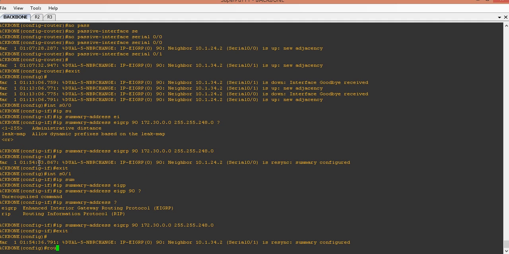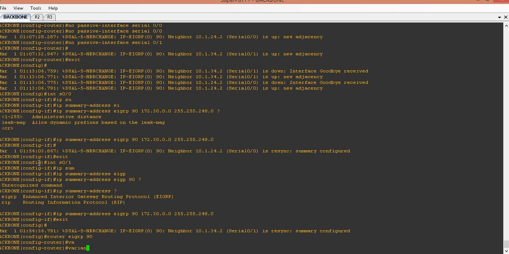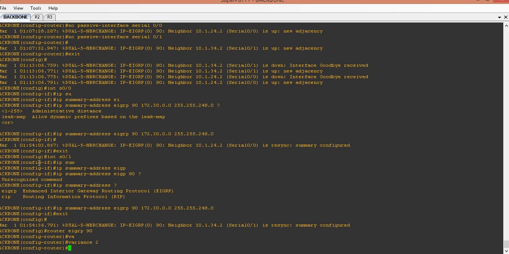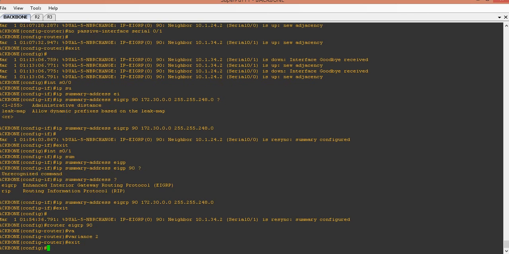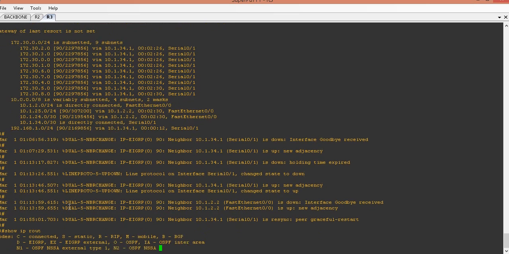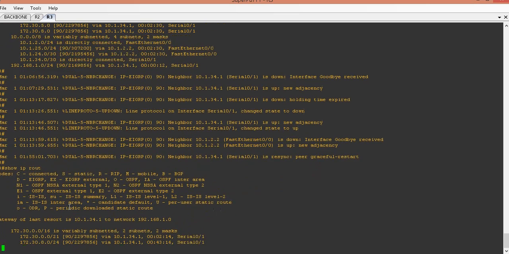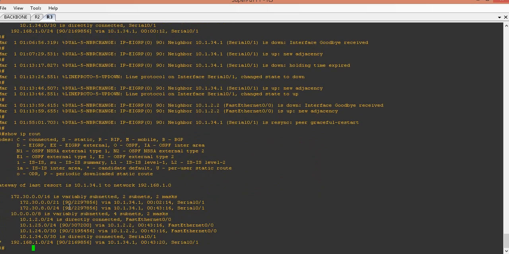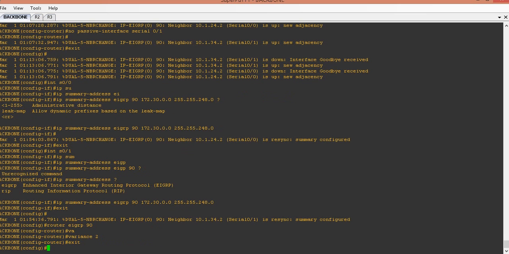Router EIGRP 90, variance of 2. So everything will be load balanced. So IP route, good. We complete everything.